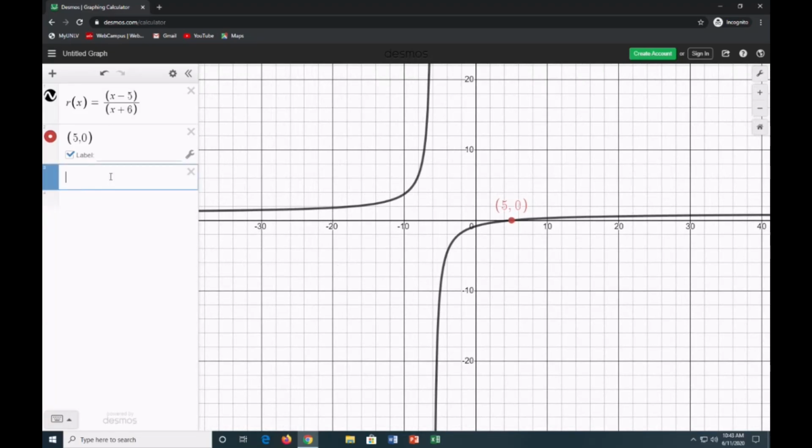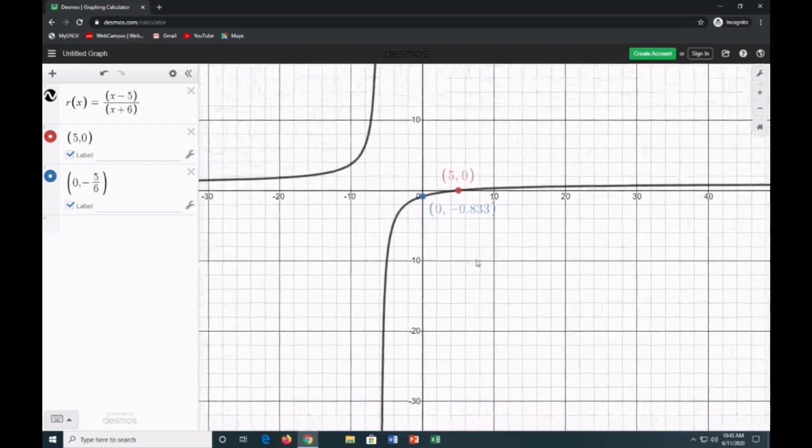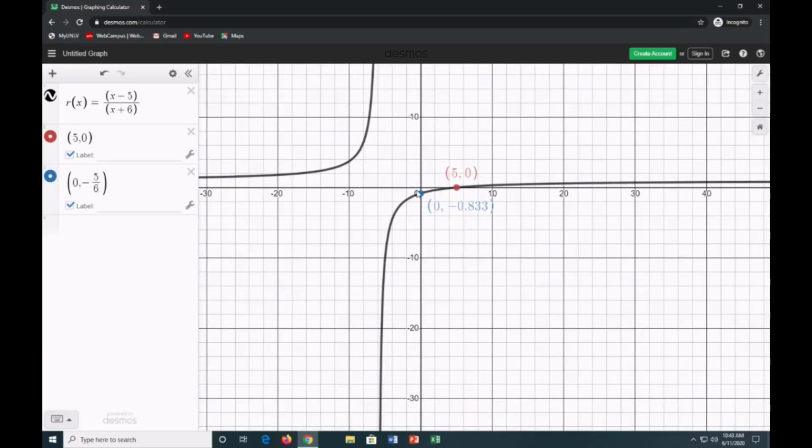So what about the y-intercept? We found that the y-intercept was 0 comma minus 5 over 6, right there. And let's label it like that. So it gives us the decimal form of minus 5 over 6, which is fine. But that's where the y-intercept and the x-intercept are. Okay?